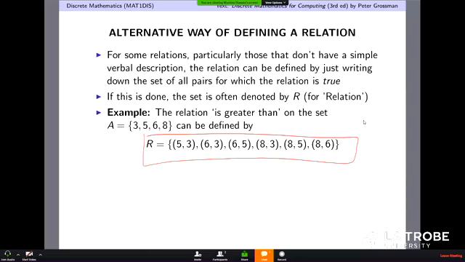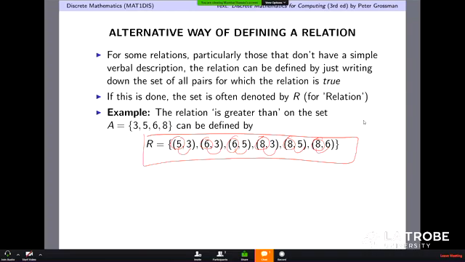If somebody looks at all the ordered pairs, they can see clearly under what properties we have collected them together. We can see first element is always greater than the second element in that pair form. So this is always greater than that, that's always greater than that, and so on. So that's a relation.